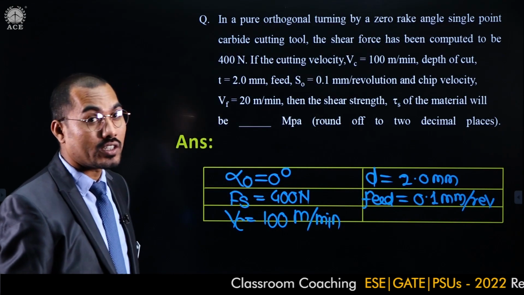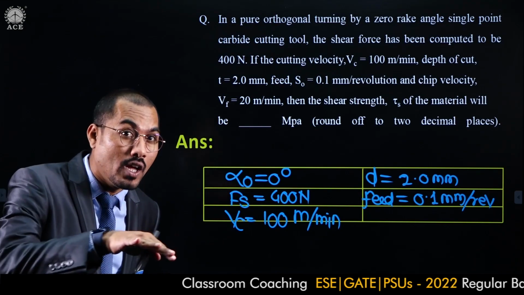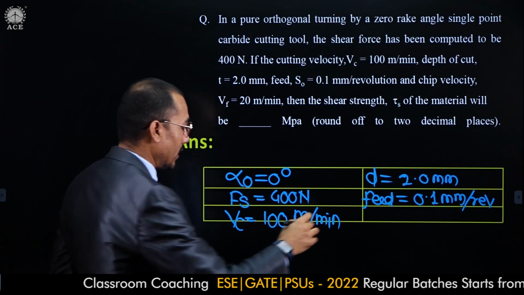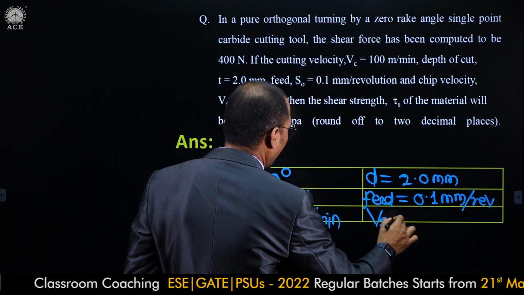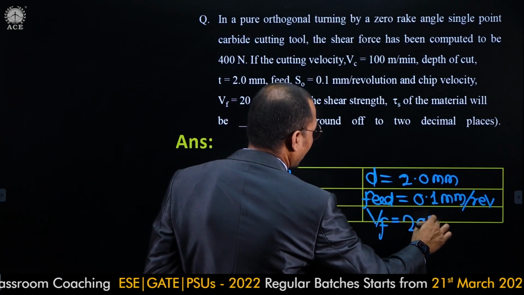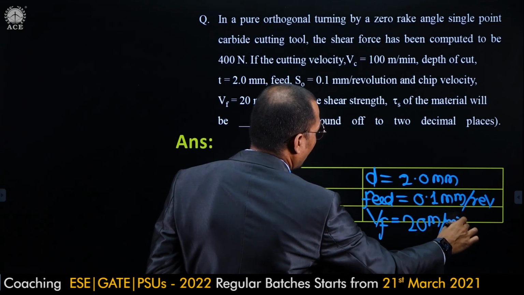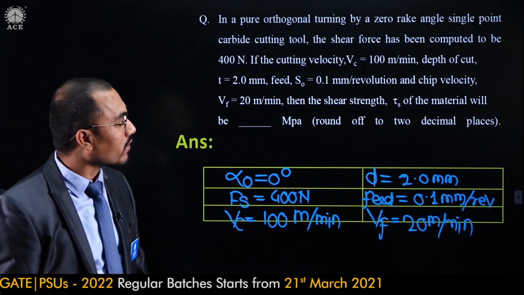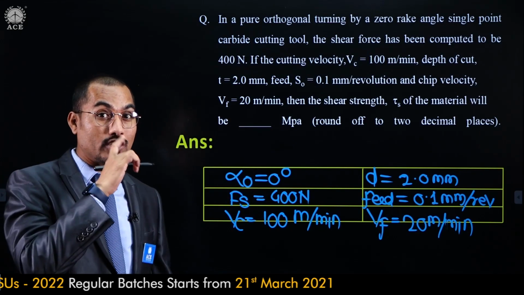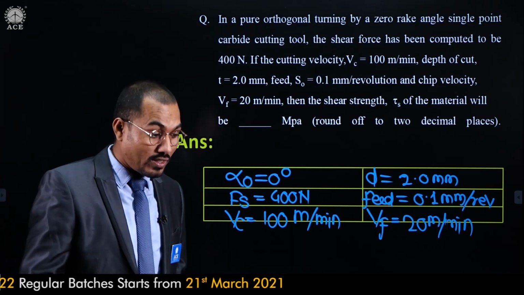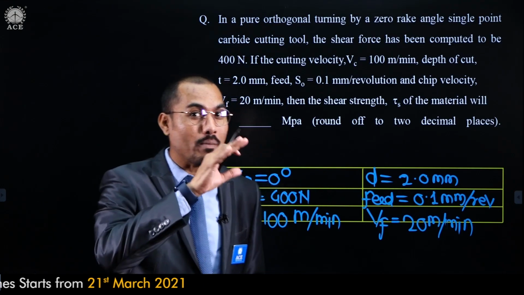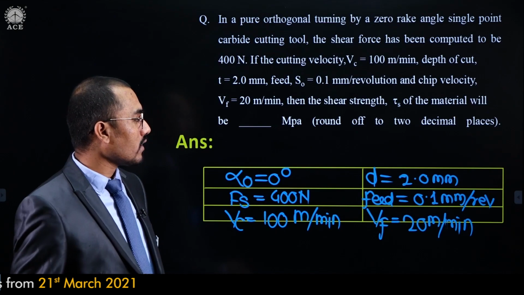And the chip flow velocity, the velocity of chip with respect to tool, VF, is 20 meter per minute. Then the shear strength tau s of the material will be in megapascal. Shear strength is a stress. It is not a force. Megapascal, Newton per meter square.